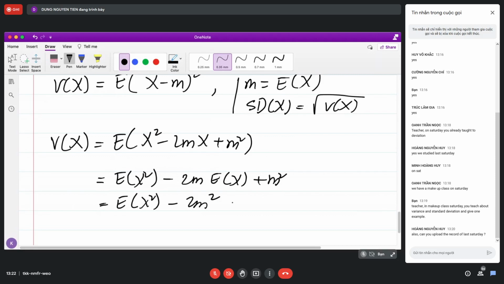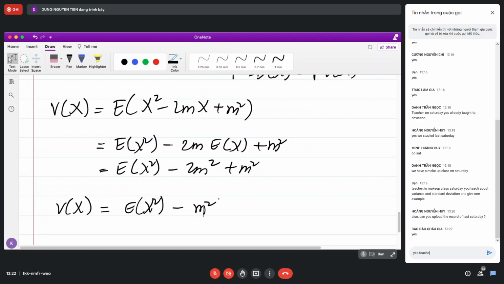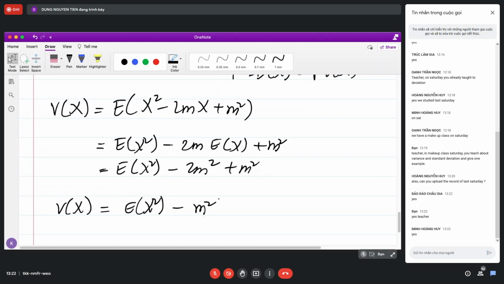So this is 2m squared plus m squared. So I can say that the variance of x is simply the mean of x squared minus m squared. Do you understand? Is that clear? Is that all clear, you guys? Okay.